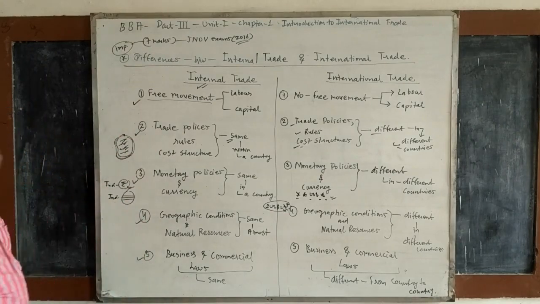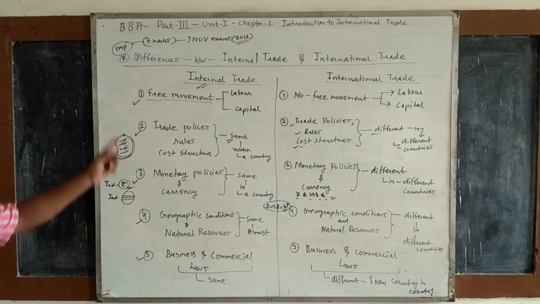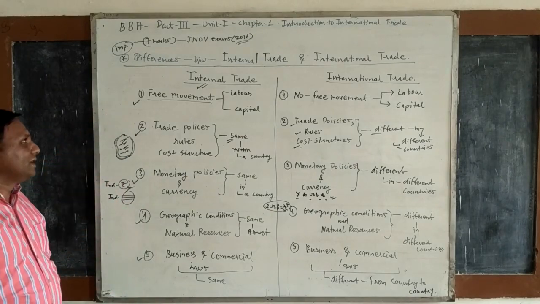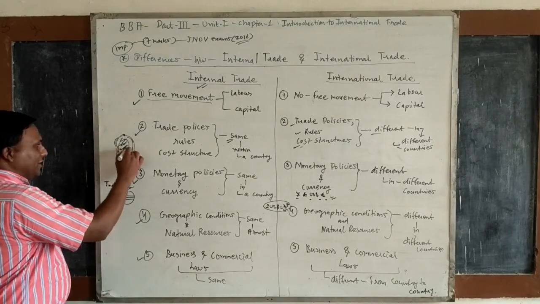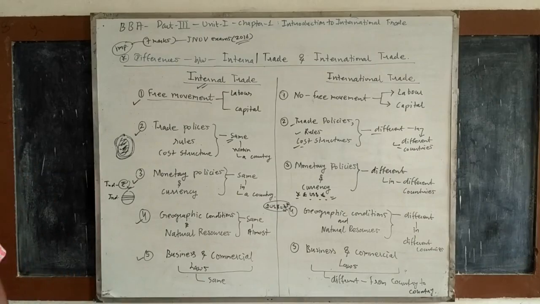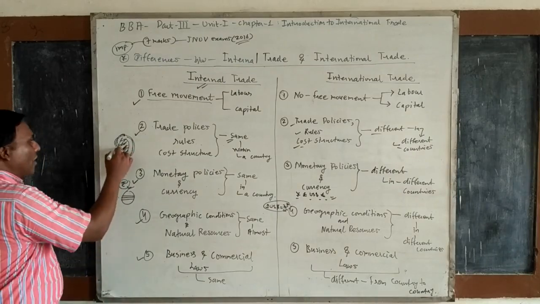Let's move to number 5. Business and commercial laws are the same within a country in case of internal trade. Within a country, all business laws, company laws, rules, regulations, mercantile laws are almost the same within the boundary of a country.